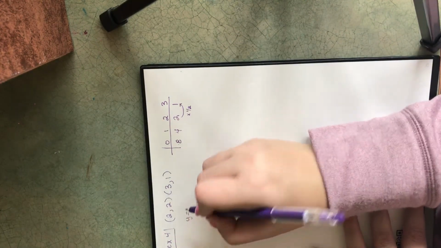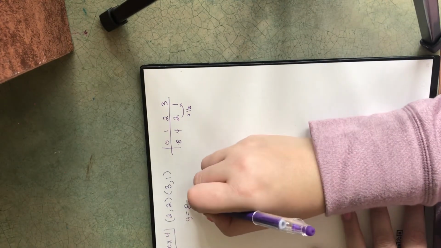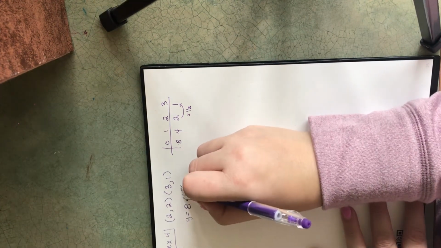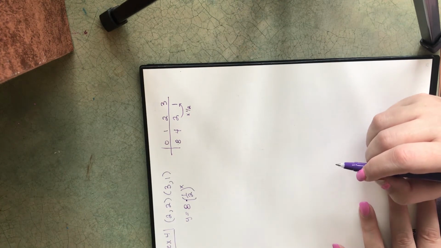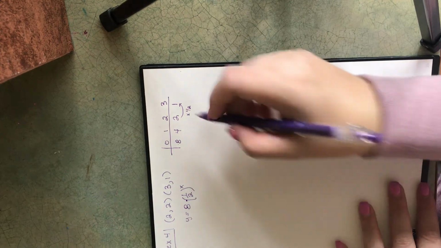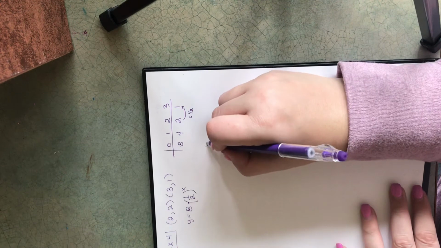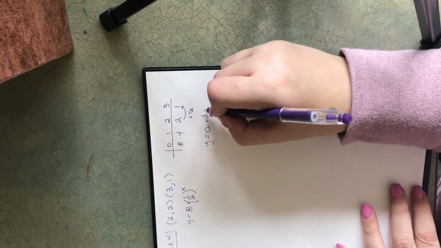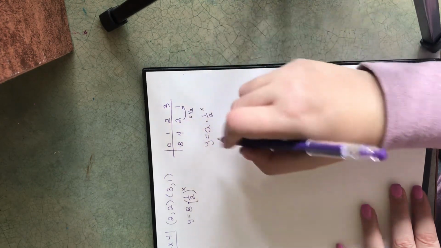So y equals 8 times 1/2 to the x. Okay. Another way you could do this, once you notice the growth, you could do y equals a times 1/2 to the x, and then substitute in either point.